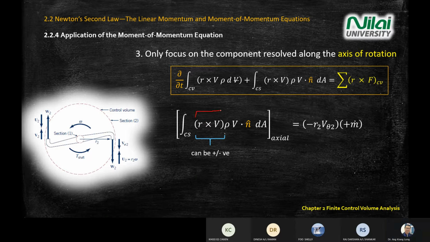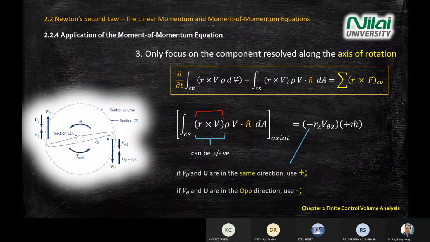How do you know whether it's positive or negative? For this one you can look at your right hand rule. If U and V are in the same direction, for example in this case you look at the U and V directions, if they are showing the same arrow, it gives you a positive product.